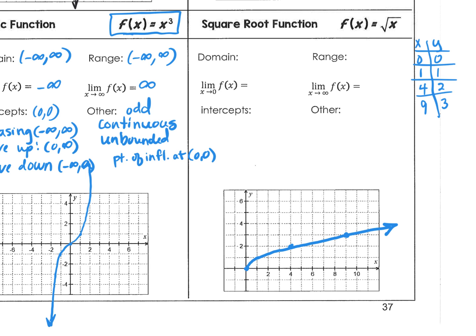So what is the domain here? Where does it start, left to right? And it goes to infinity. So the domain is 0 to infinity. For the range, where does it start and where does it go? Going up, 0 to infinity.